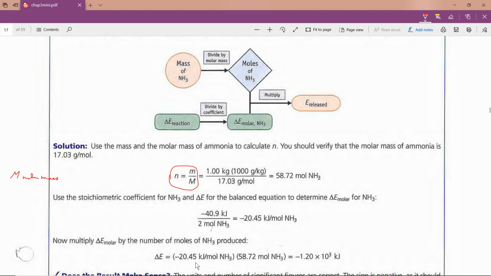So how much energy is released overall? You take minus 20.45 kilojoules per mole times 58.72 moles, and you get minus 1.2 times 10 to the 3 kilojoules. The more stuff you have, the more energy is released. The more stuff created, the more energy is released. Okay?